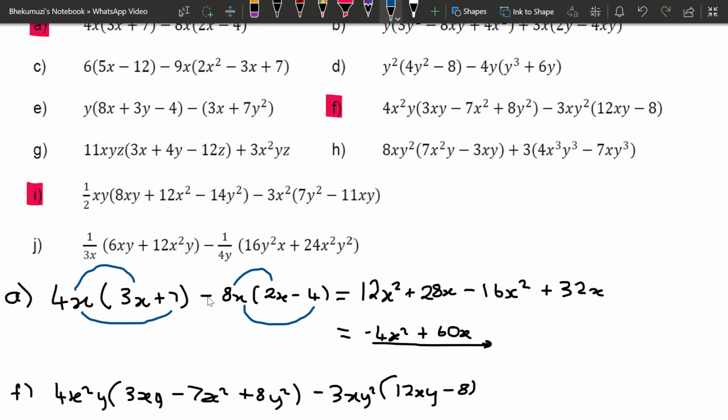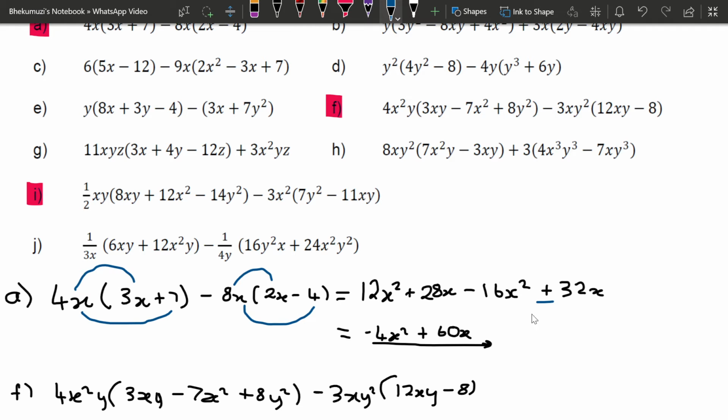So you multiply it, and you'll find that it's negative 16x squared, and inside the bracket you have minus 4 times minus 8x, a negative and a negative multiplying each other gives you a positive. Therefore, you would have 32x.